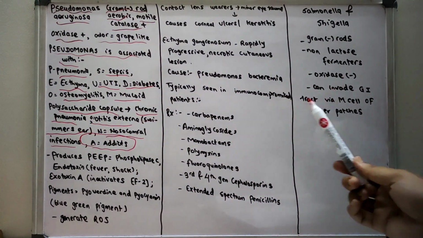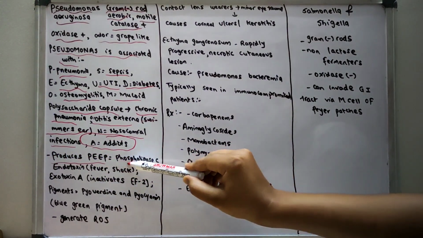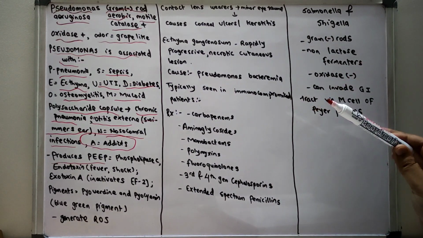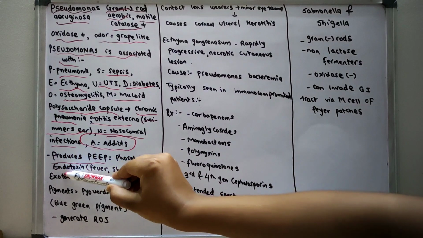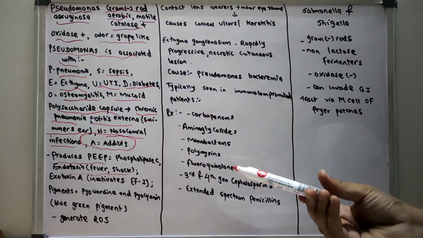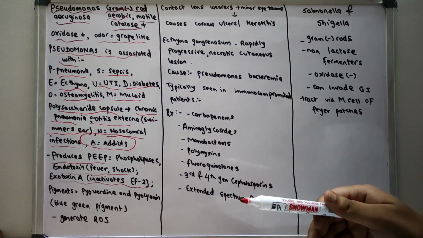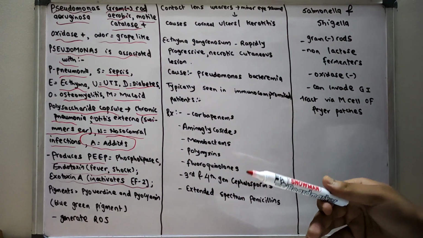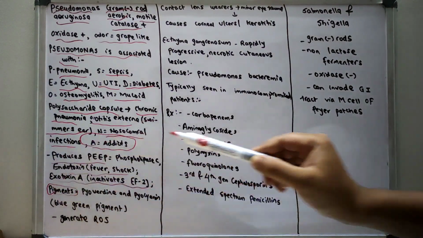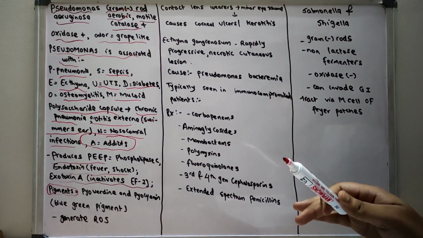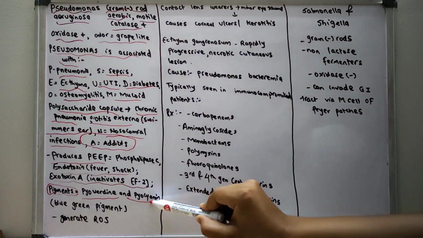Pseudomonas aeruginosa produces PEEP, namely phospholipase C. This phospholipase C degrades the cell membrane, and the endotoxin causes fever and shock. Exotoxin A inactivates elongation factor 2 and the various clinical manifestations occur. The pigments mainly produced by Pseudomonas aeruginosa are pyoverdin and pyocyanin.